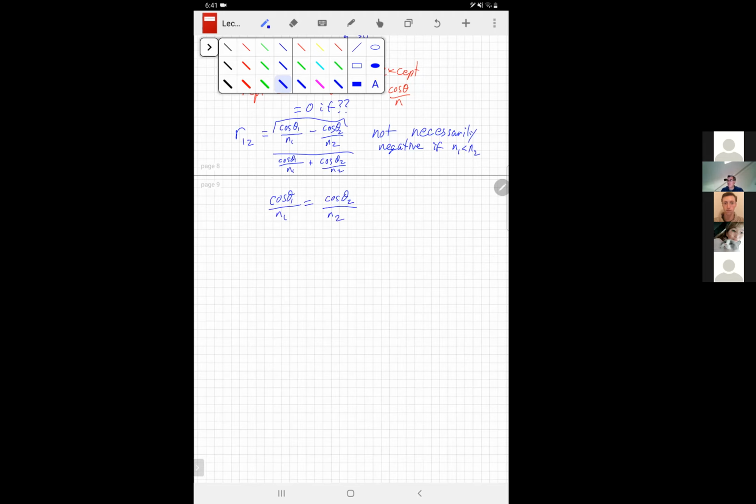And then we have to have some way of relating theta 1 to theta 2. Now, the only way I know of to relate theta 1 to theta 2 is Snell's law, which relates sines. But here we have cosines. So I'm going to use the fact that cosine theta is the square root of 1 minus sine squared theta.